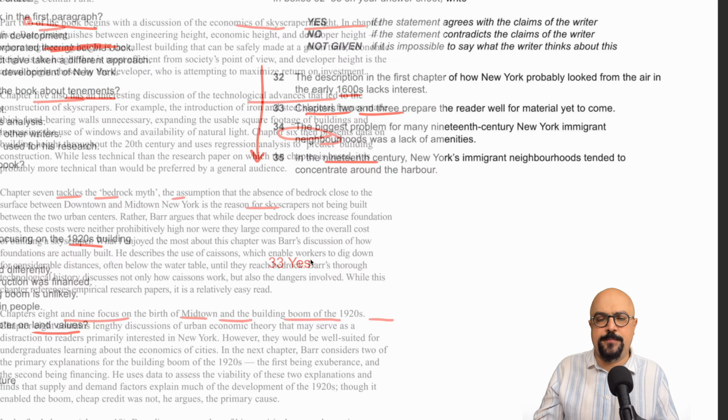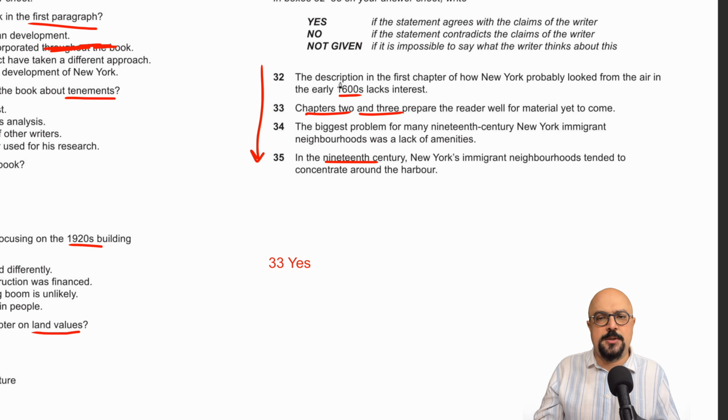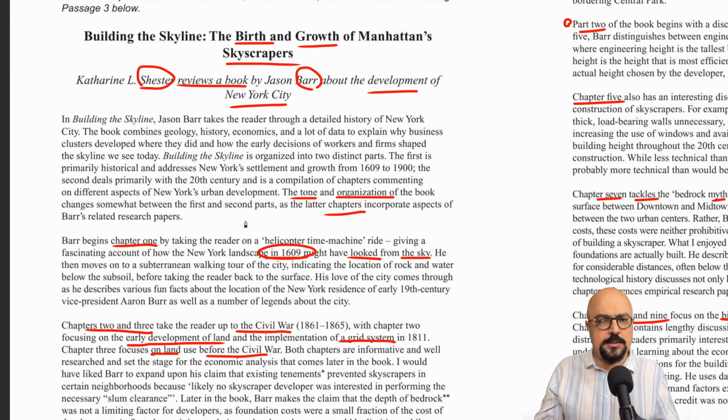Okay. The question says the description of the first chapter of how New York probably looked from the air in the early 1600s lacks interest. Does not have interest. Let's see.